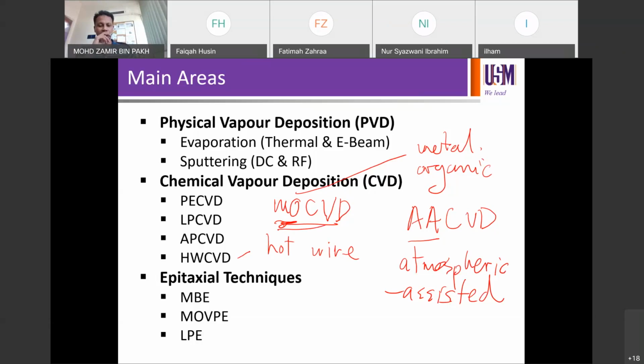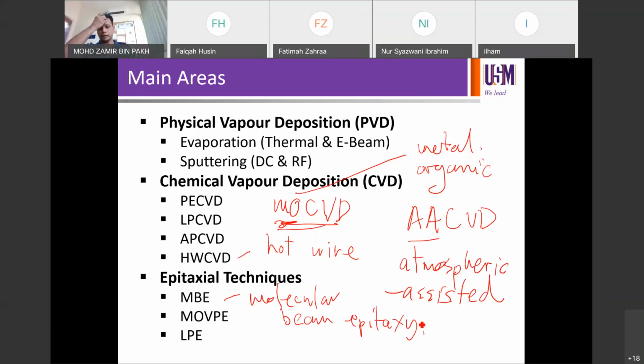Right, epitaxial techniques, we have MBE, molecular beam epitaxy. We have it in NOLAB, but we no longer use it. It's too expensive to maintain and too expensive to run. We used to run nitride deposition on this MBE, but now no more.